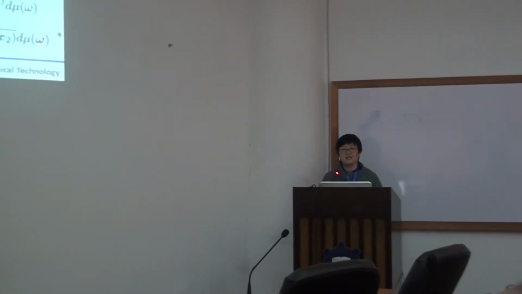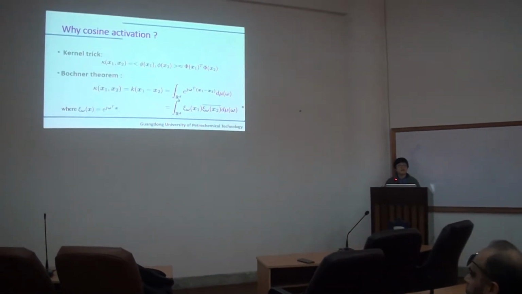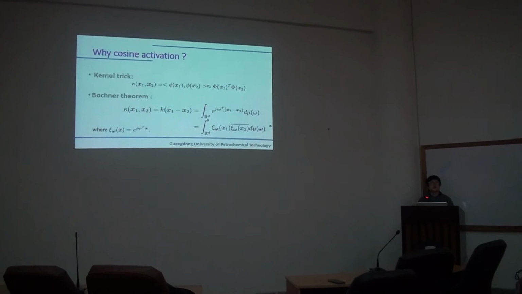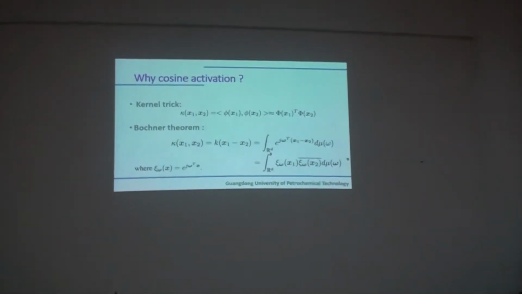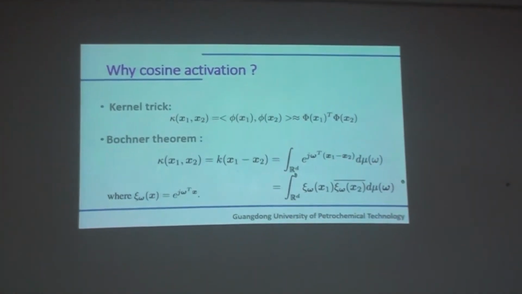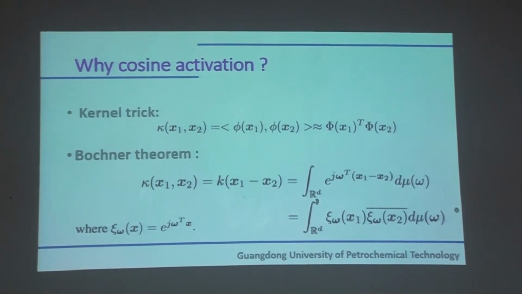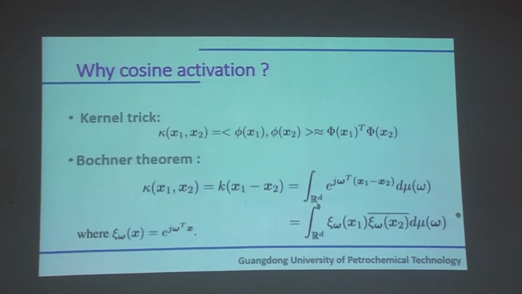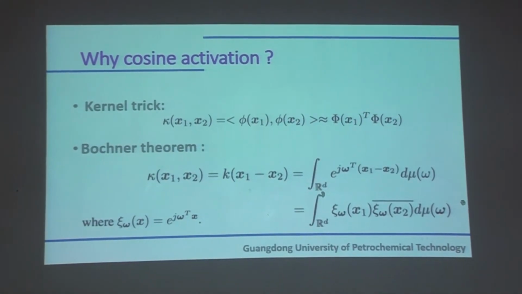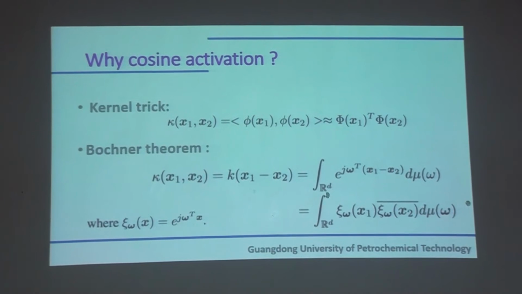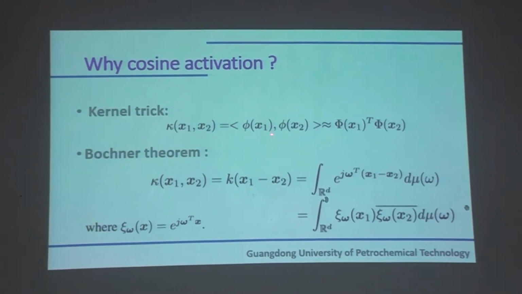We all know that before deep learning, the kernel method was very important for nonlinear classifiers. That means for the sample space, like x1, x2, we can map the sample space from the original feature space to a higher dimensional space. I don't know if you know or not.